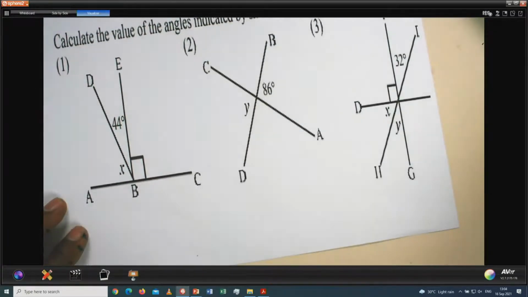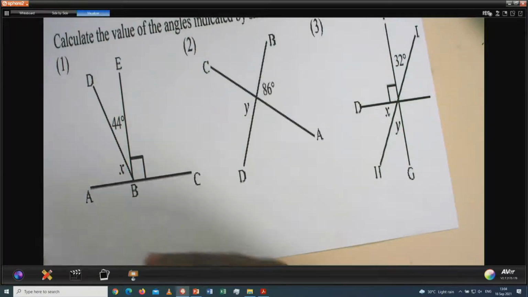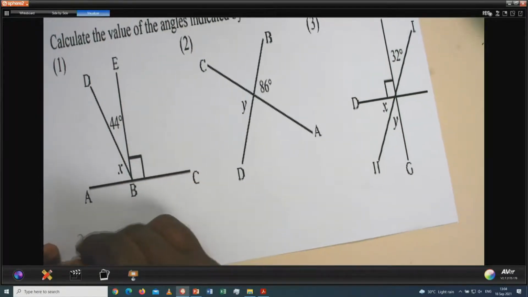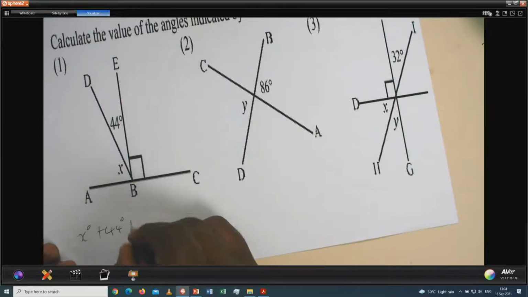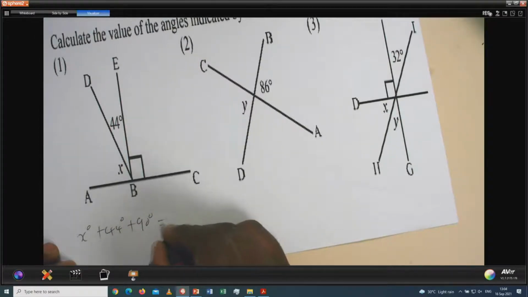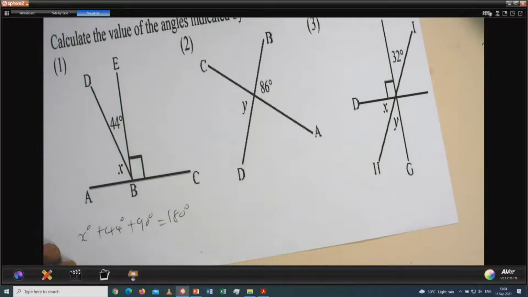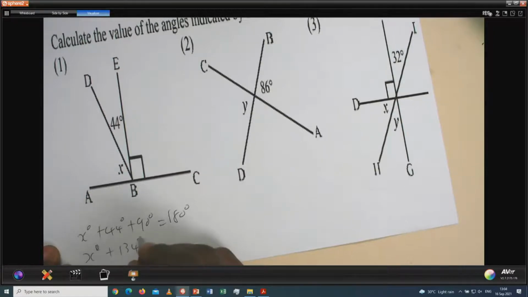Again, they are giving you an approach. Straight line, what do you know about straight line? When you add all the angles on a straight line, it should give you 180 degrees. 30 degrees plus 134 degrees equals 180 degrees.